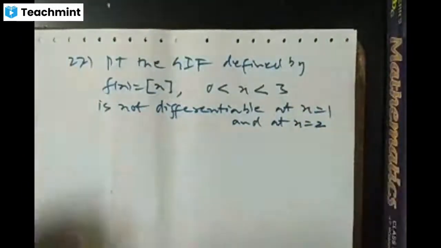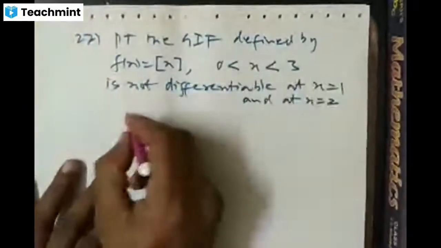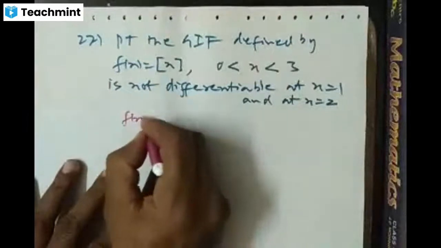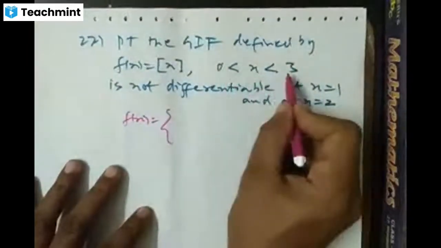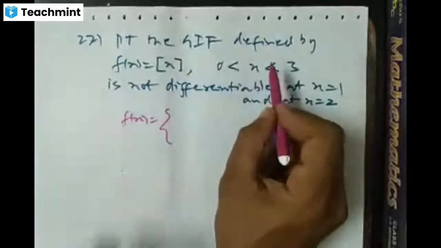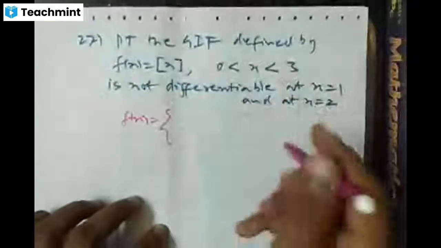First we shall rewrite the function f of x. Here x lies between 0 and 3, right? This is actually a restricted domain. They have restricted the domain of the greatest integer function.